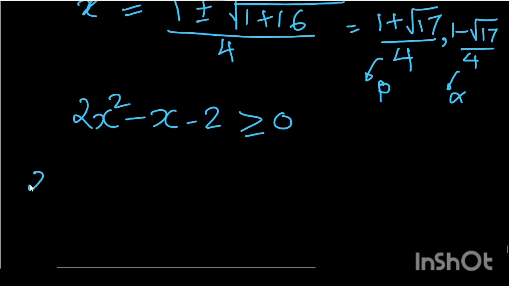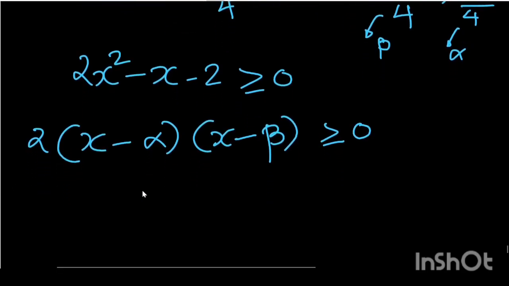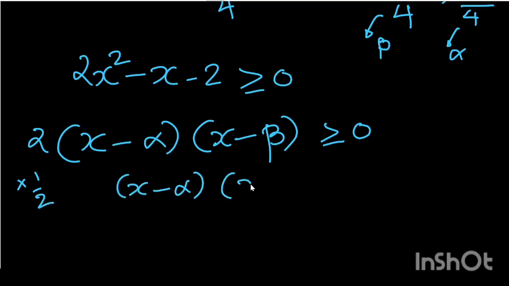It is factorized as 2 times (x minus alpha)(x minus beta) greater than or equal to 0. The leading coefficient is 2, and if you multiply by 1 by 2 on both sides, this will be 2 by 2 greater than or equal to 0 by 2. 0 upon 2 is 0.